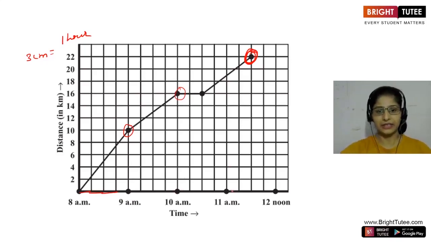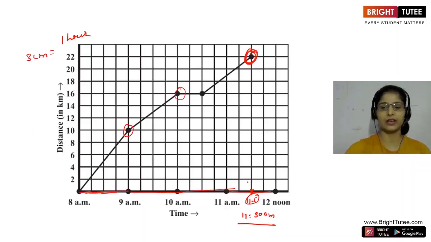So if this is 1 hour, this value will be 1.5 hour, 11.5. Right, that means 11:30, it might be 11:30 a.m. So he is taking 1 hour, 2 hours, 3 hours, 3 hours 30 minutes. That means 3 hours 30 minutes he took to travel.